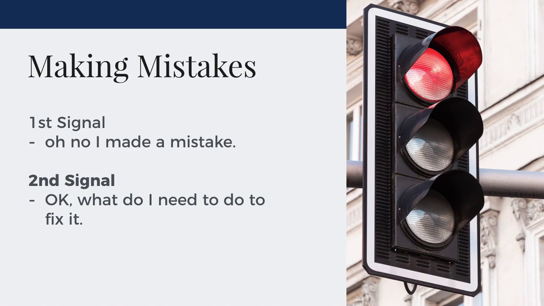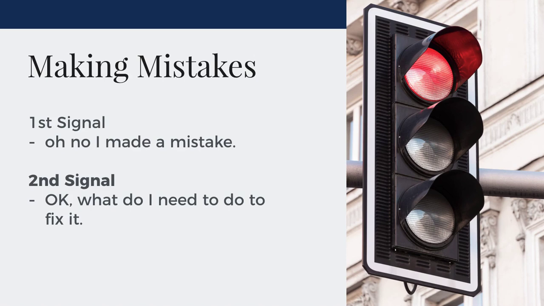So if you can focus on that second signal, to say, okay, we've made a mistake, that's fine, but actually what's important is what do I need to do to fix it? If we have our students focus more on that, then you're going to encourage this learning by making mistakes, the remembering of the mistakes, because if you don't remember your mistakes and you keep making the same mistakes, then essentially you're not learning from that mistake.